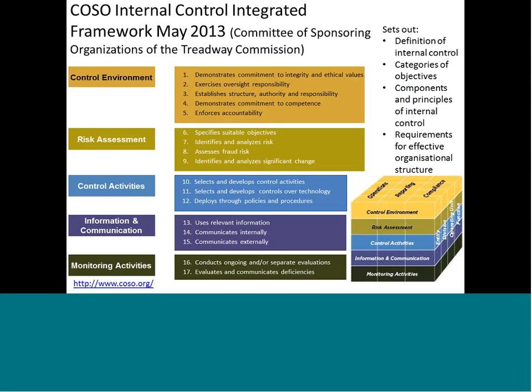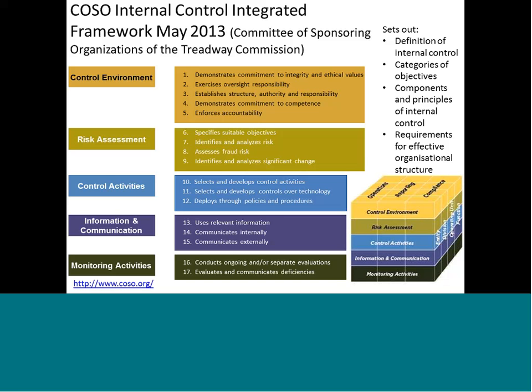That's the sponsoring organisations, and the Treadway Commission is named after the chairman of the organisation that was formed in 1985. And the background for this was that there was great concern about fraudulent financial reporting, bribery and corruption.